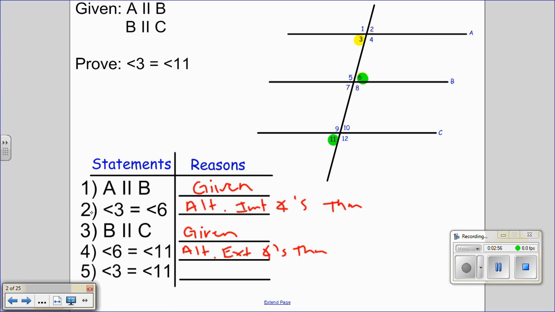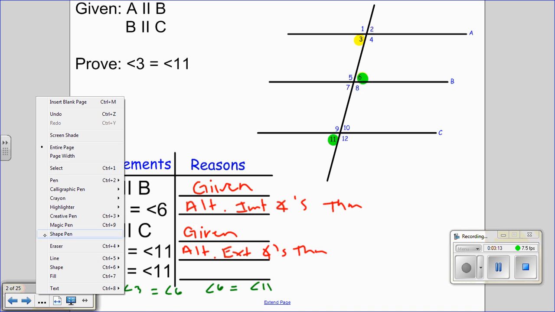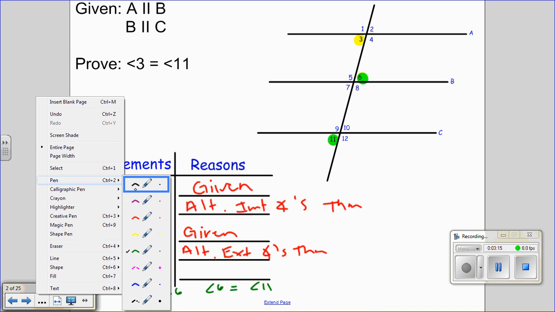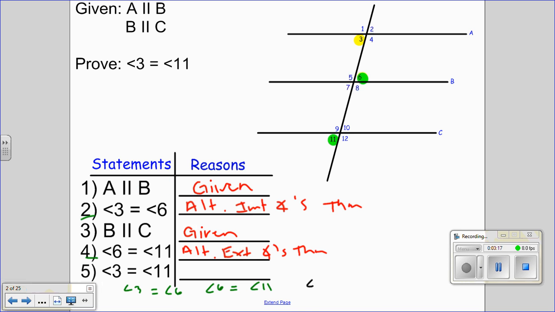Back in statement 2, we said that angle 3 was equal to angle 6. And then in statement 4, we said that angle 6 is equal to angle 11. Now in statement 5, we're saying that angle 3 is equal to angle 11.